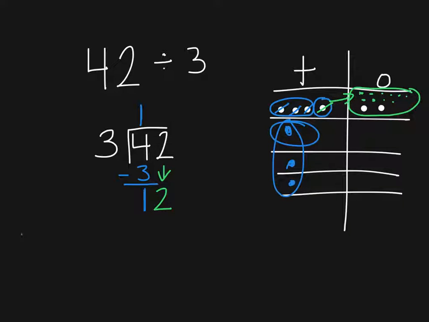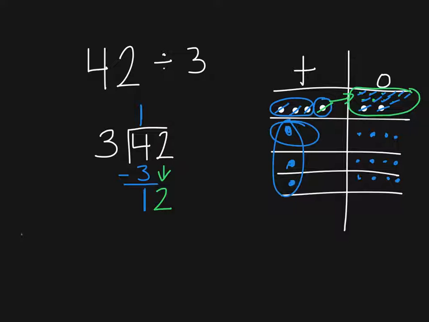So I'm going to start with dividing those. This one goes here. You can also be asking yourself in your mind, 3 goes into 12 how many times, or 3 times what number gets you close to 12? I'm just going to continue distributing these dots until I either run out or until I don't have enough to make equal groups.